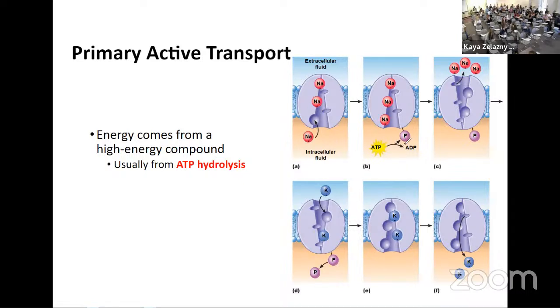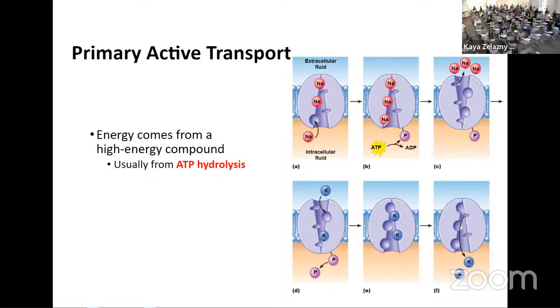And then we see the use of energy in this time point B. So we see ATP being broken down, turning it into its lower energy form, ADP, adenosine diphosphate. We've broken off this phosphate group and actually tacked it on to our sodium potassium pump for a little while.